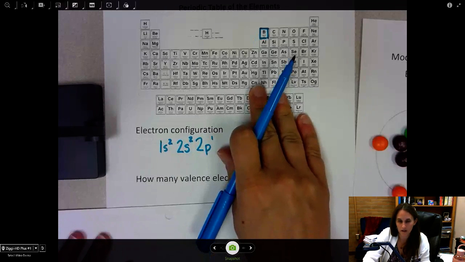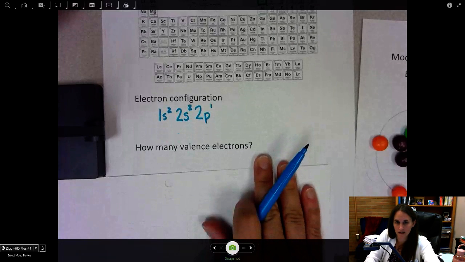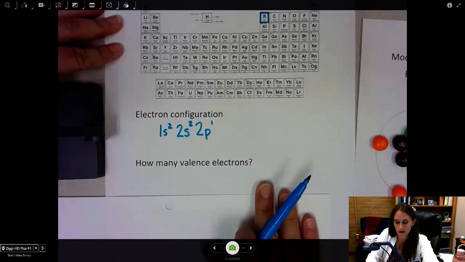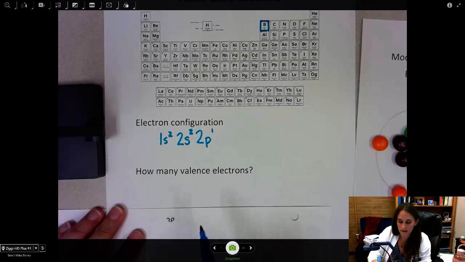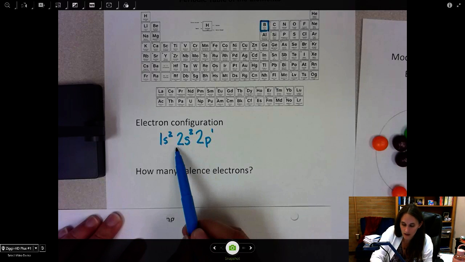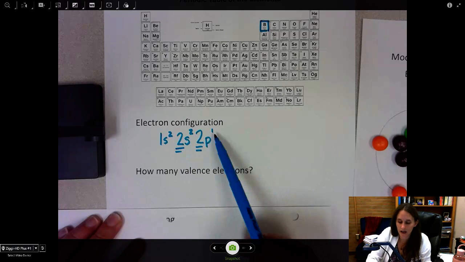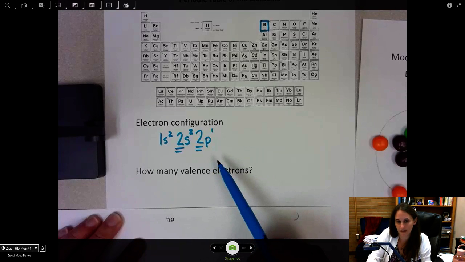So another question that we might expect to see on a test or quiz is to identify how many valence electrons this is. Well, valence electrons, remember, are the electrons in the highest valence shell. That's the highest principal energy level. So the highest principal energy level here are these 2s. It's not the highest overall sublevel, it's the highest principal energy level, which we call a valence shell.